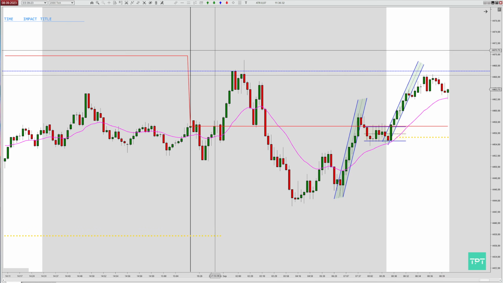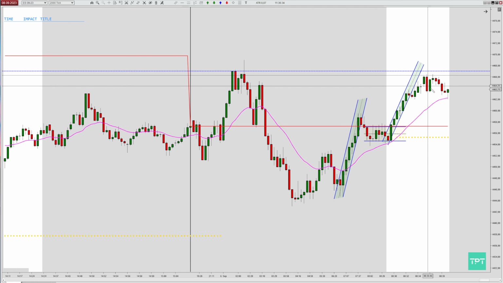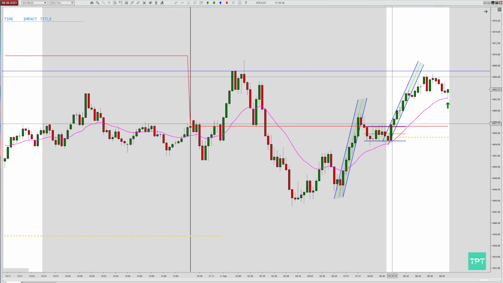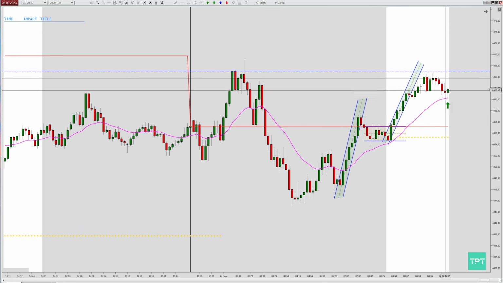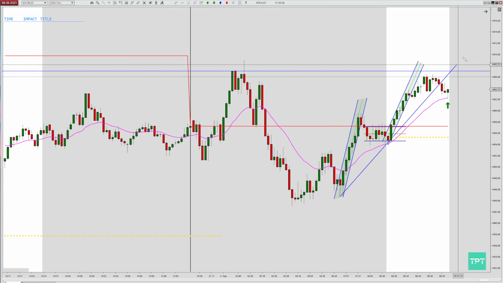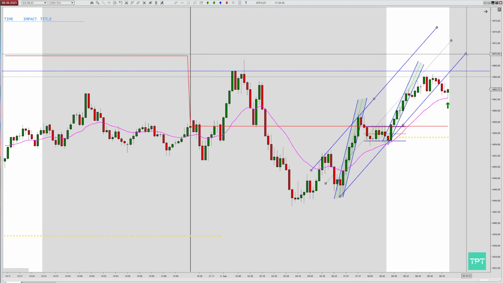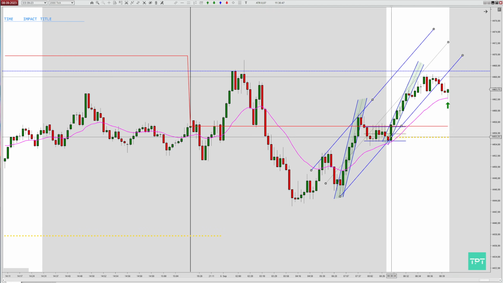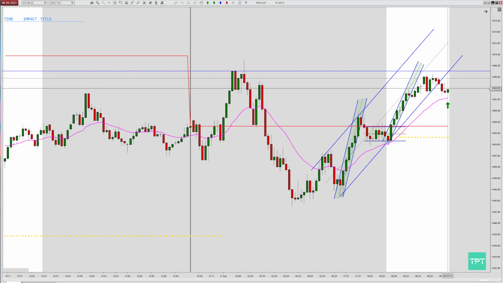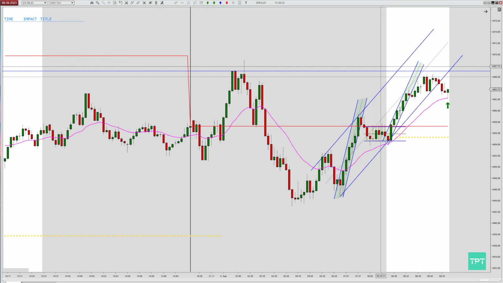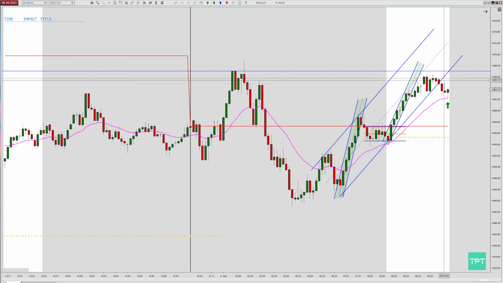This is something to take, because still you can see prices are pushing higher, and also if you draw this here, there could be some potential bigger uptrend in play, and also there is space to the last highs that were made overnight. So we have some aligning factors here.